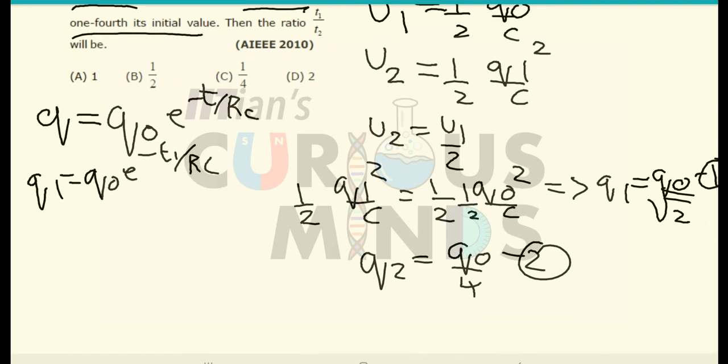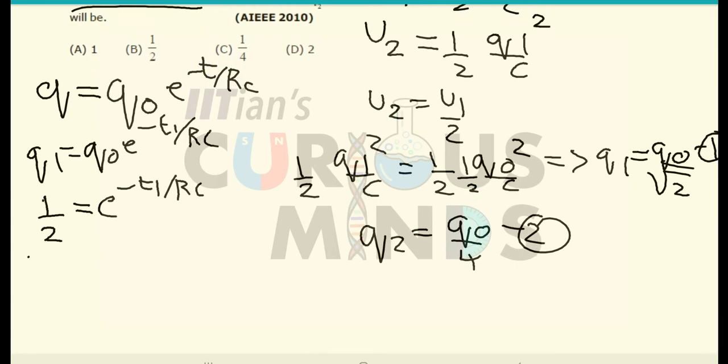So over here Q1 is equal to Q naught by root 2, so 1 by root 2 is equal to e raised to minus T1 divided by RC. When I take log on both the sides, it will be log 1 by root 2 is equal to minus T1 divided by RC.